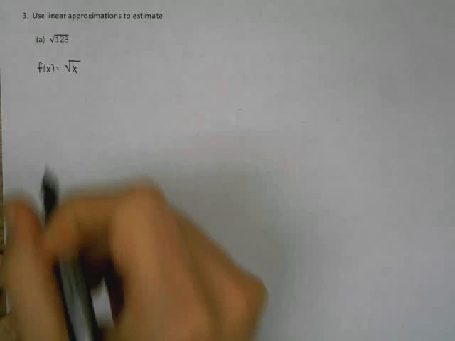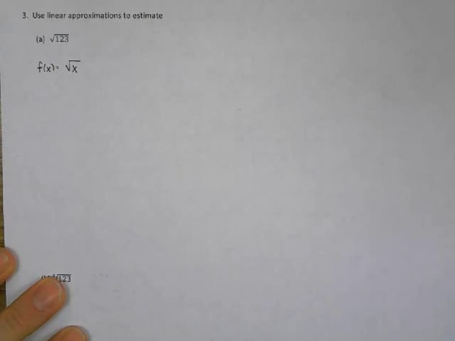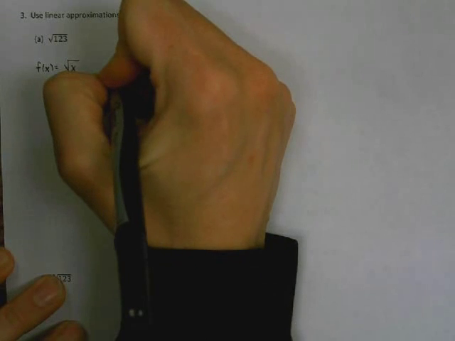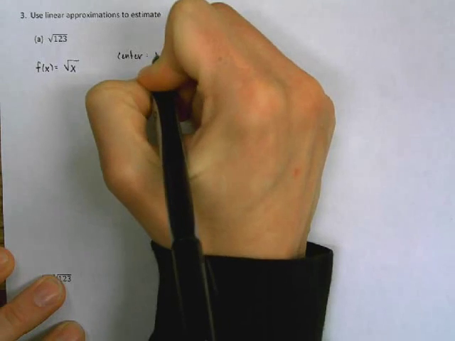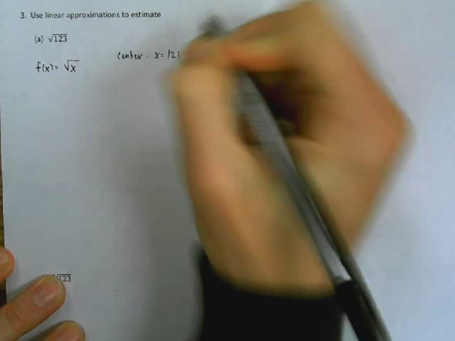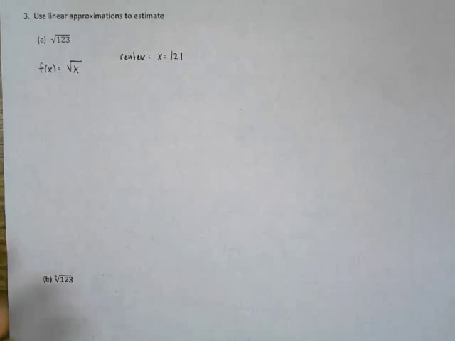So I want to find some value that's close to 123 that's actually a perfect square. And so for this example, my center, I'm going to choose x is 121. That's a perfect square, and it's close to 123, so I should get a pretty reasonable estimate from this.